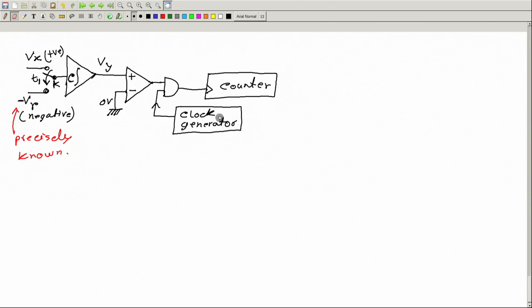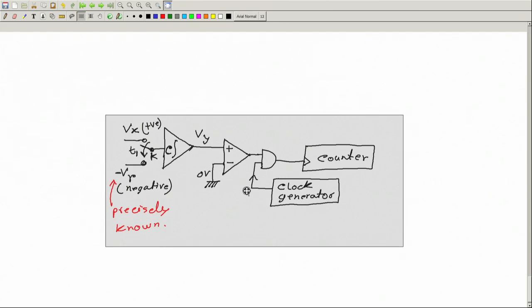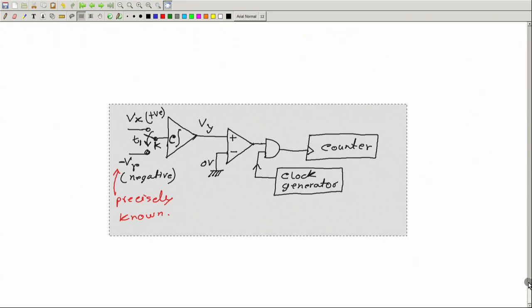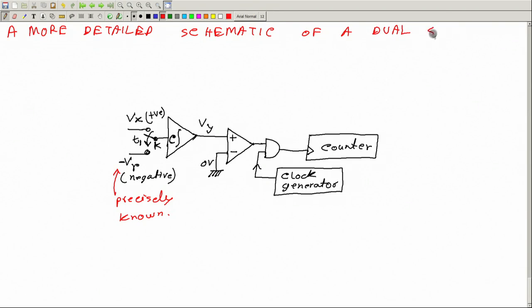This is fine for understanding some basic things, but to make it more complete, we will put more detail in this. And at the same time, we will keep our thoughts going on. So let me write a more detailed schematic of a dual slope voltmeter.